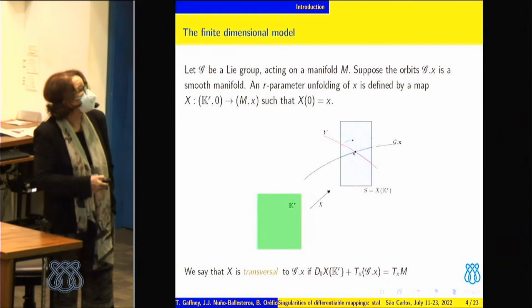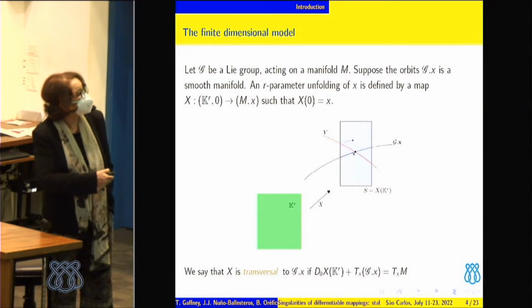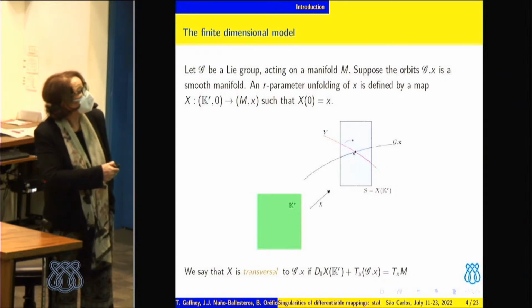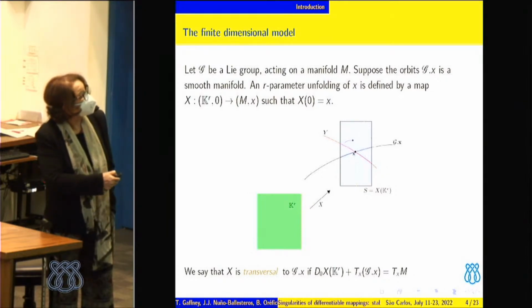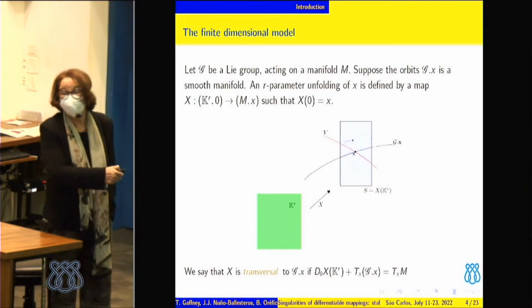The most important concept is the concept of versal unfolding, which is the following. An unfolding is versal, and look at this blue again, if for any other unfolding Y, I can show that Y is equivalent to an unfolding which is a pullback of X by some change of parameters.